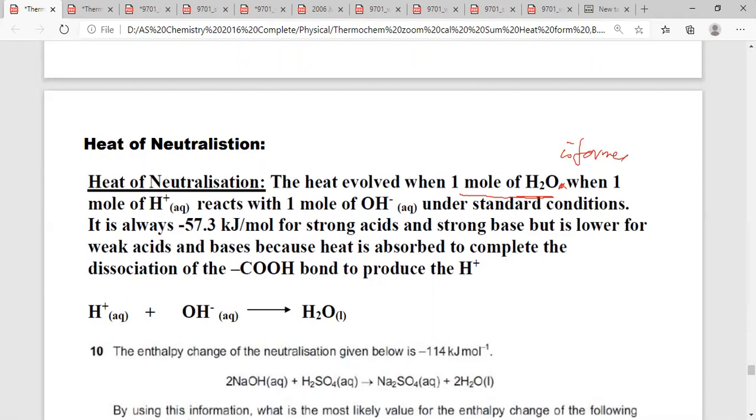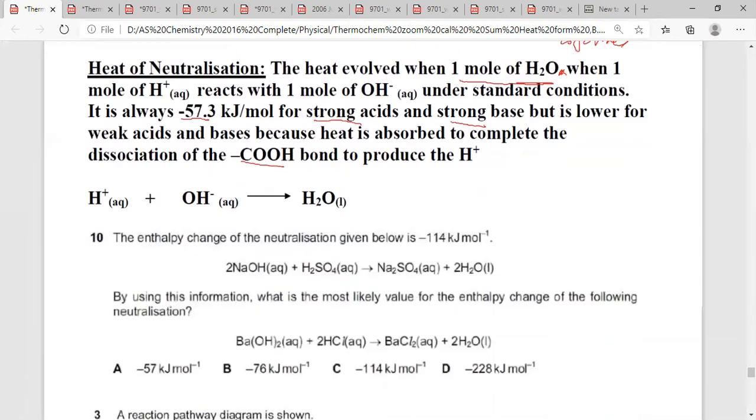Understand the condition, okay? It's always minus 57.3 for strong acids and strong bases, because they completely ionize. They don't have to absorb heat to break the bond energy. But it is lower for weak acid, weak base, because heat is absorbed to completely dissociate.